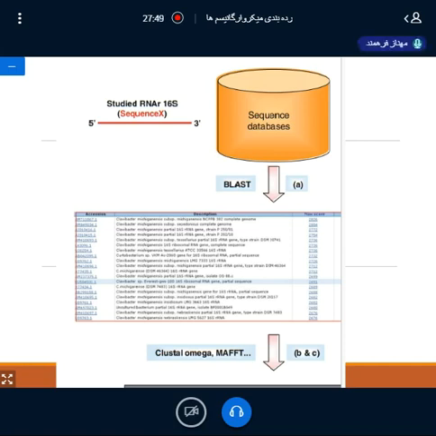And here you can see the picture for these data sequencing. I'm going to get the figure for you. Here you can see studied 16S rRNA. This is our sequence X, for example, sequence X that we have isolated from the environment. Okay, here we have the sequence database.